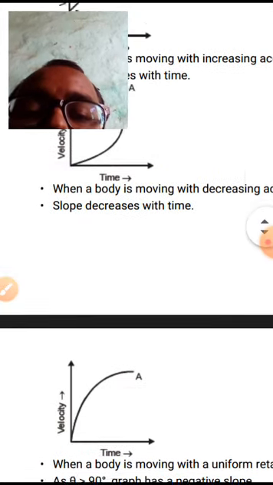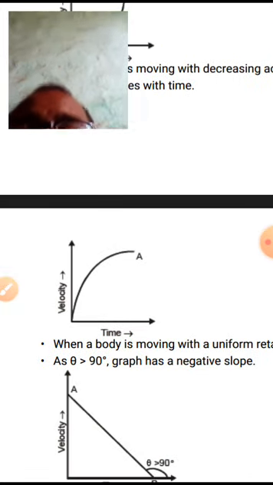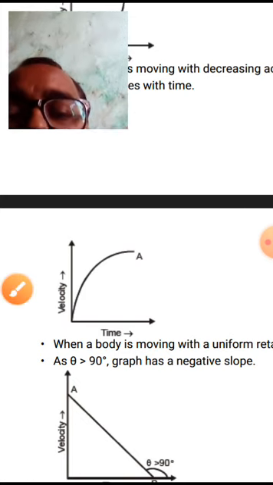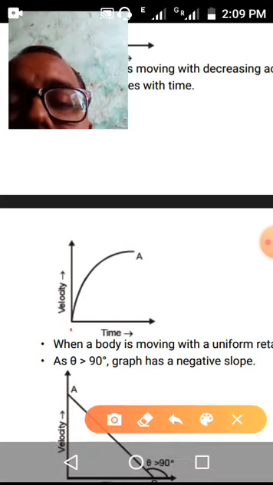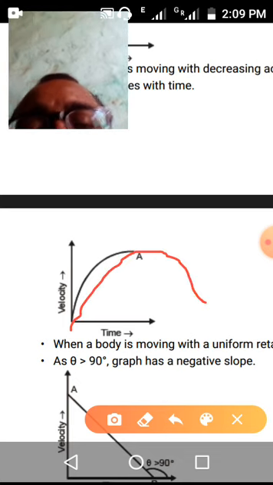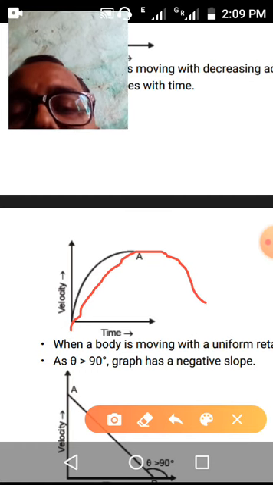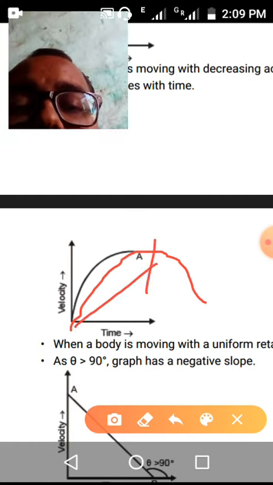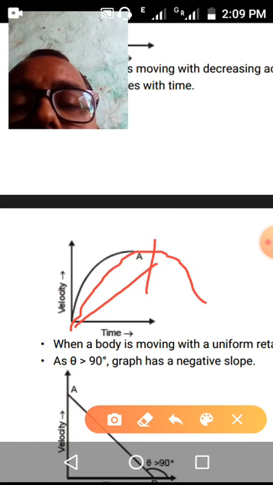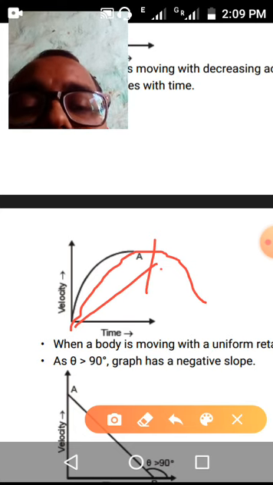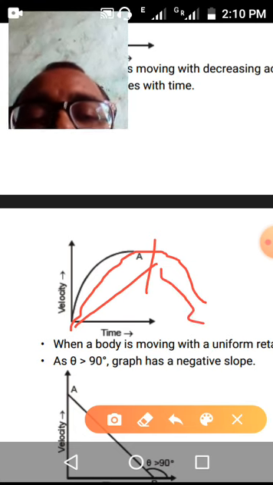In the next graph, the velocity time graph, the velocity is initially increasing, but after some time it decreases. So this is a case. Let us start. This is the first case, from here to here: a car started from rest to its maximum speed, and after applying the brake it decreases.